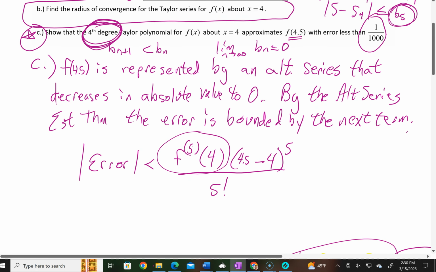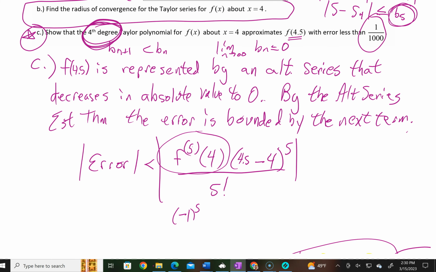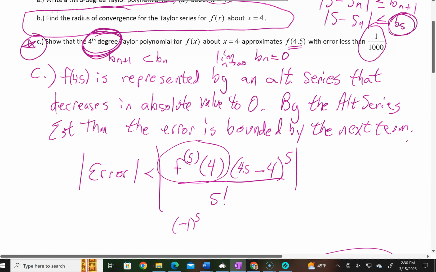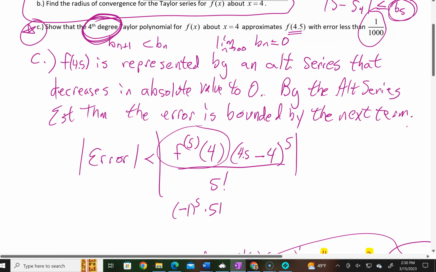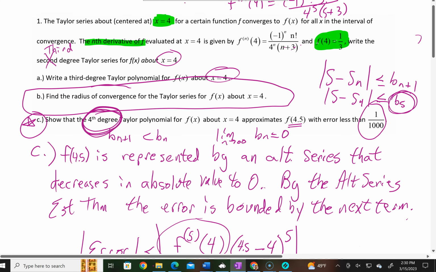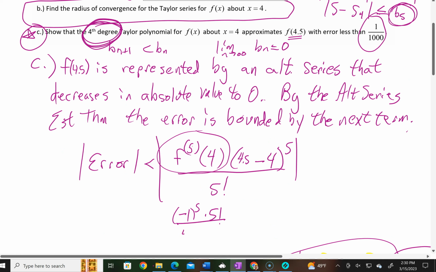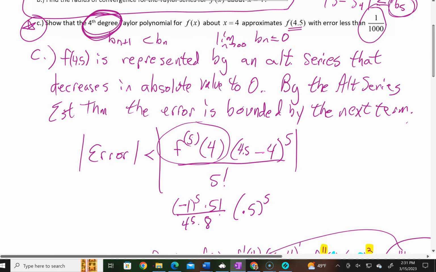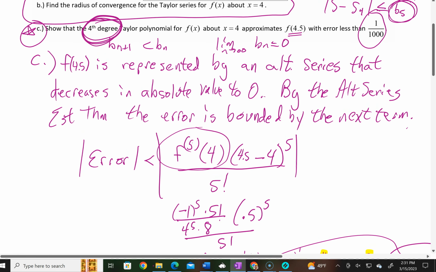So you know what? This is going to become an absolute value, right? We're going to say this is negative 1 to the 5th, and we're going to say 5 factorial, and we could say all over 4 to the 5th times 8, and this is 0.5 to the 5th, and we're going to say divide by 5 factorial.